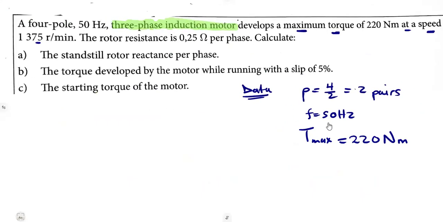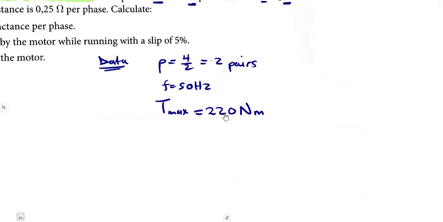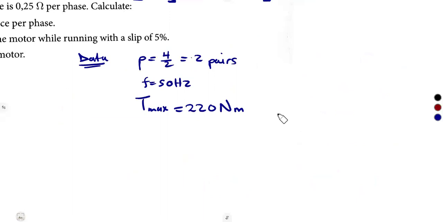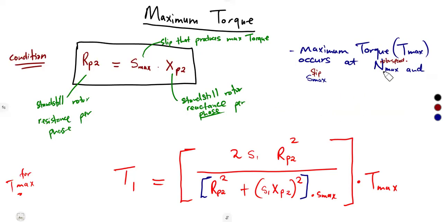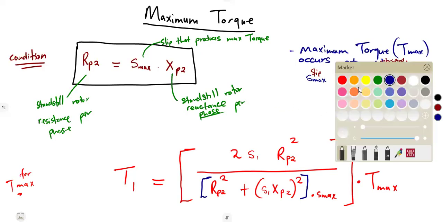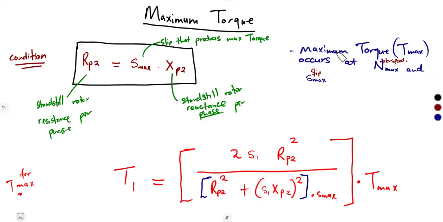This is our maximum speed, which is 1,375 revs per minute. Someone might be asking, why is it that we need maximum values? Because of this, we can conclude that, remember how you calculate your per unit slip.